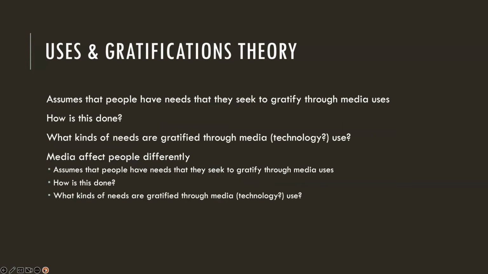And so, what the argument in uses and gratifications theory tells us is that we have different needs that we want to gratify through these various media uses. So, when you are thinking about this and developing a campaign, we're talking mostly about social media, websites and online content. But why would a customer come to your website? Why would a customer look at something you posted on Instagram?